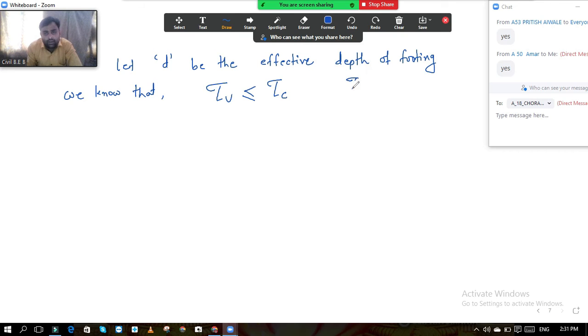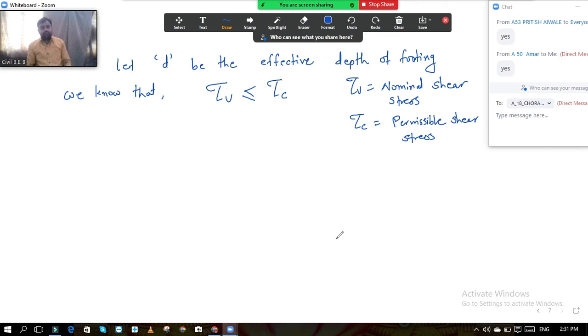Okay, where tau v is the nominal shear stress, and tau c is the permissible shear stress.